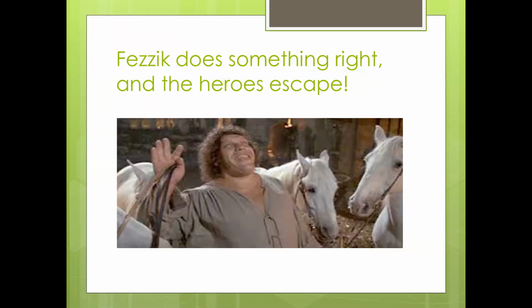So Fezzik chooses the wrong door, which leads him down a flight of stairs and outside to the stables, where he collects four of Prince Humperdinck's white stallions, and ends up outside the bedroom window where all the heroes jump onto the horses and escape.